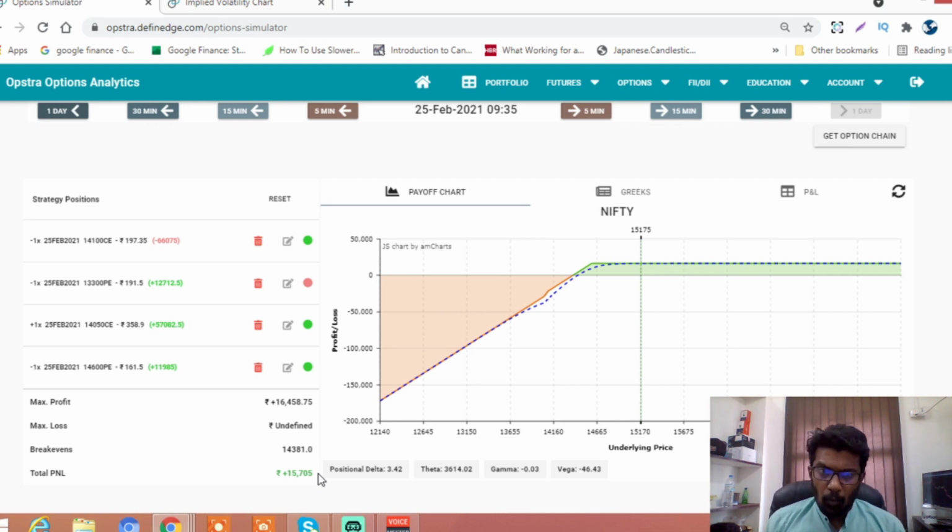So for a one way move, this adjustment will work perfectly. I think this strategy will help you in one way or another. Yeah, so that's the strategy.